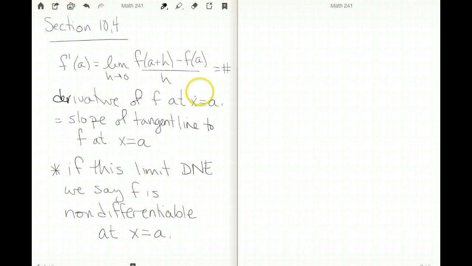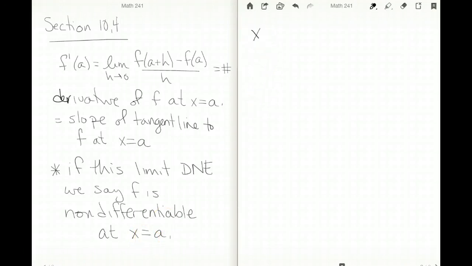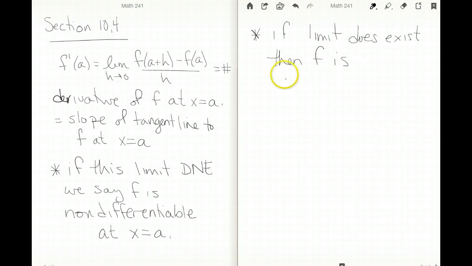So if this limit does not have an actual specific number that it equals, then we say that the function f is non-differentiable at a. Otherwise, if the limit does exist, then f is differentiable. And that word differentiable is equivalent to saying that we can find the derivative at a.